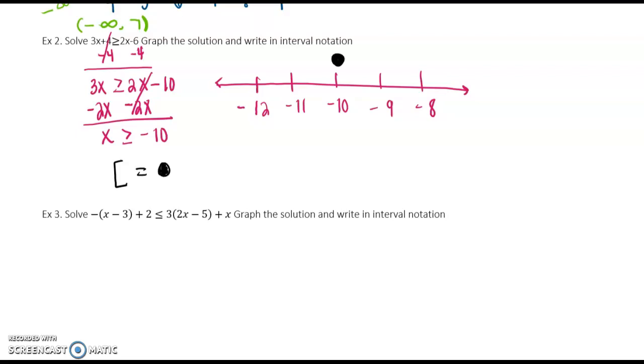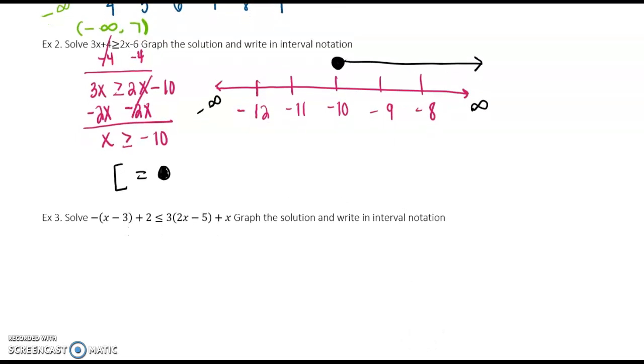So x is bigger than negative 10, so that's going to be on this side. And then again, you have negative infinity and positive infinity over here. So interval notation is going to be, you always start on the left, so it starts at negative 10. And then you use the bracket because it has the underline, and then it ends at infinity.